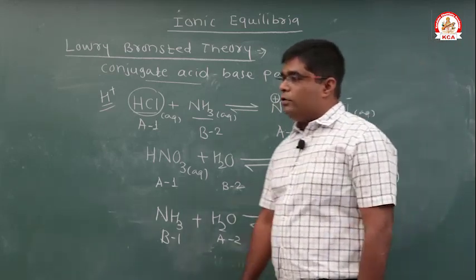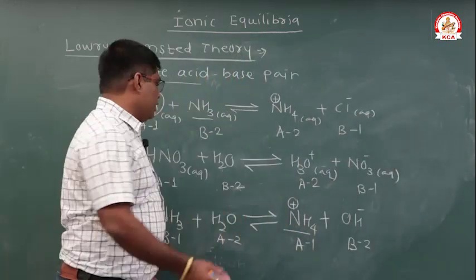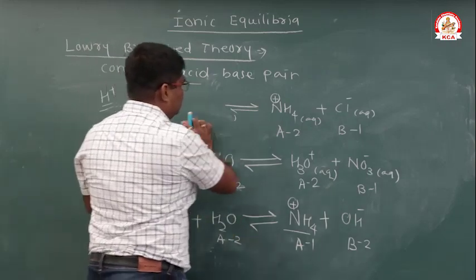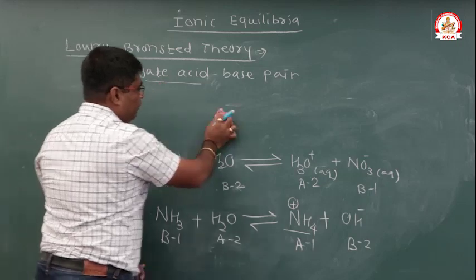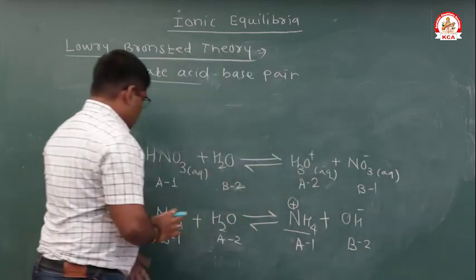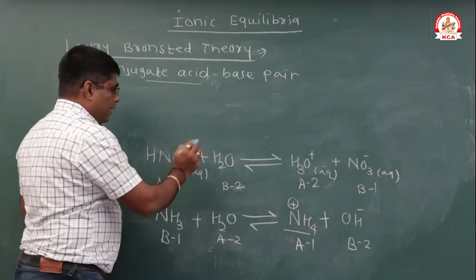And one very important and interesting point here, see these last two reactions or last two conjugate acid base pairs. Very simple in front of you. So see this one, HNO3 and water.